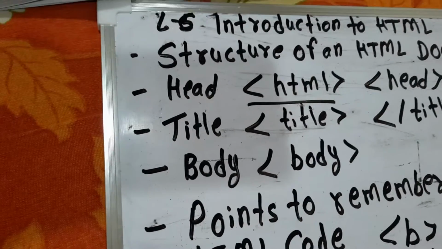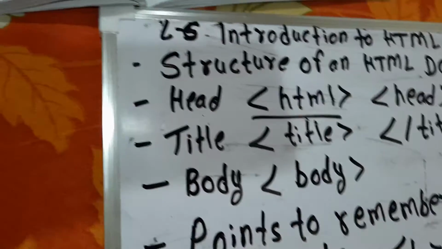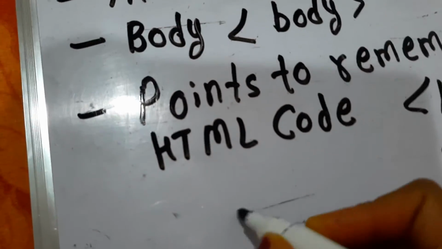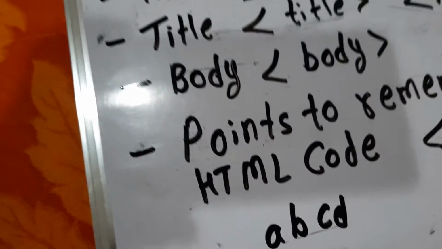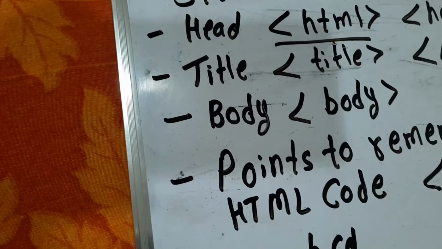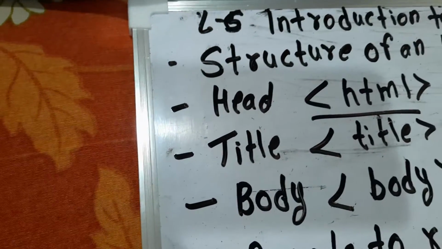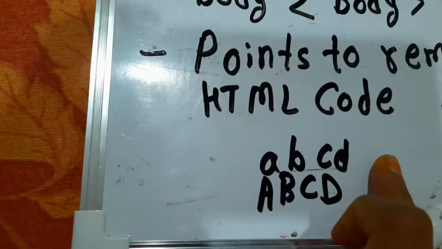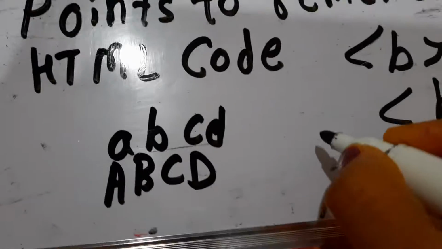The tag names and attribute names are not case sensitive. Case sensitive means you should write only in small letters or only in capital; here it is not needed. For example, title and TITLE are the same. You can write ABCD in small and capital, both ways.